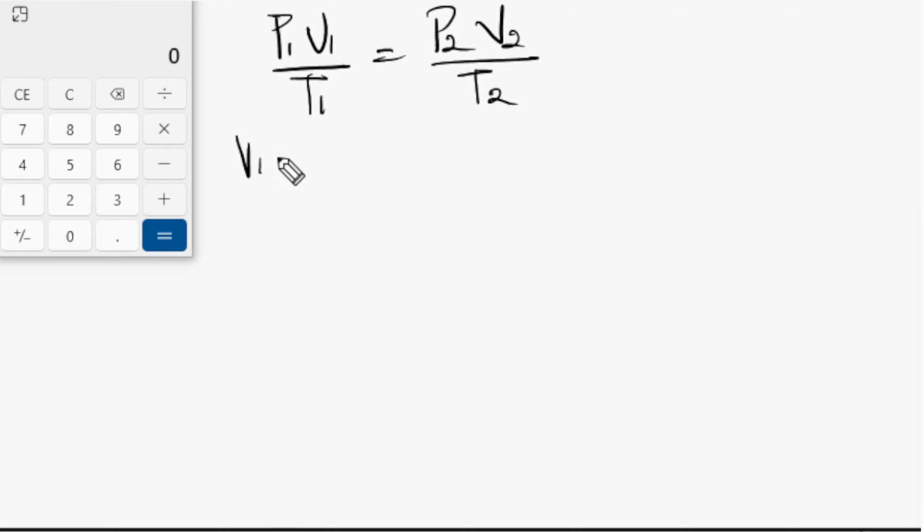So V1 is going to be 30 cm cube from the question. So our initial temperature here, it's going to be 27 degrees Celsius is 300 Kelvin. So if you're wondering how we got the 300 Kelvin, 27 plus 273. So for you to convert from degrees Celsius to Kelvin, you have to add 273.